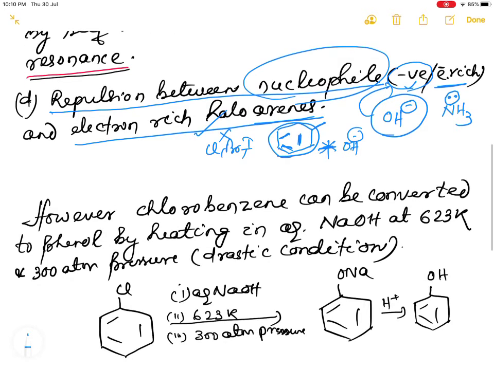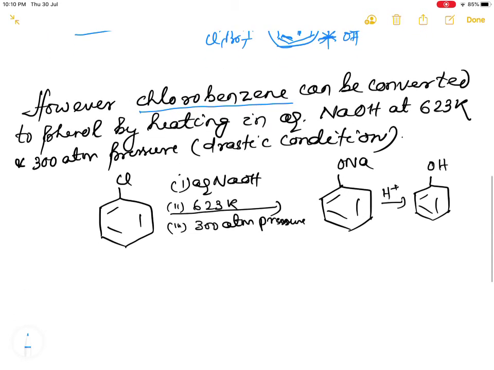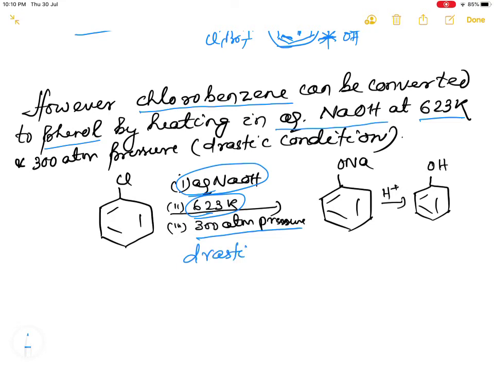However, chlorobenzene can be converted to phenol by heating in aqueous NaOH at 623 Kelvin and 300 atmospheric pressure. This is chlorobenzene. This is a drastic condition, meaning high pressure, high temperature.